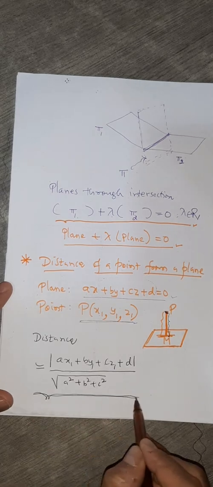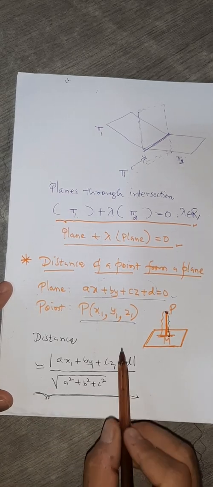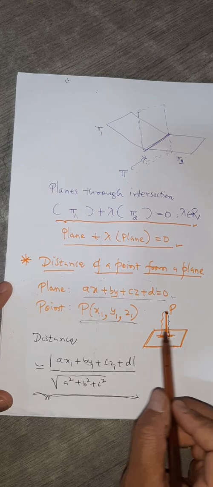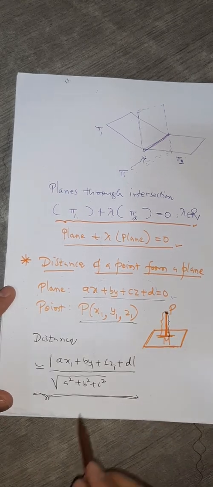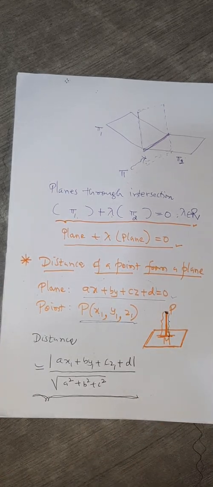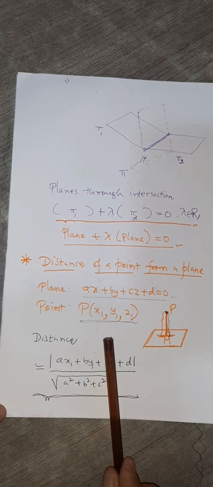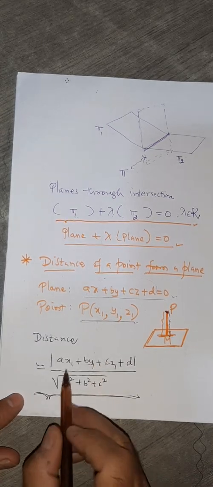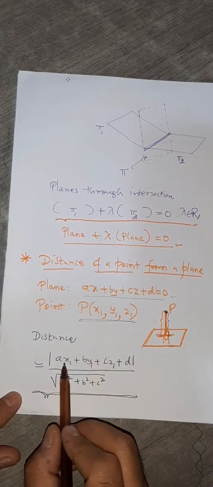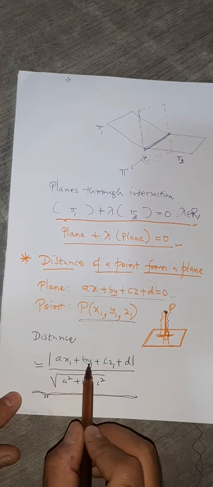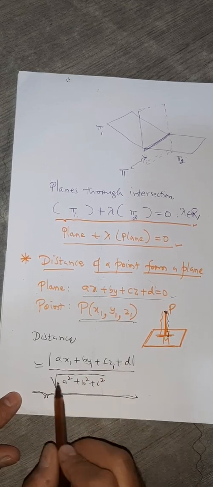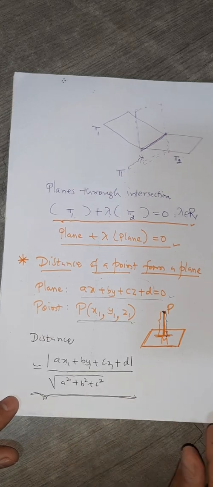This gives us the distance of the point P from this plane. Same theory you had in case of the straight line. Take z equals to 0. If you remember, you had such theory in case of the straight line in 11th standard: ax1 plus by1 plus c upon root of a square plus b square.